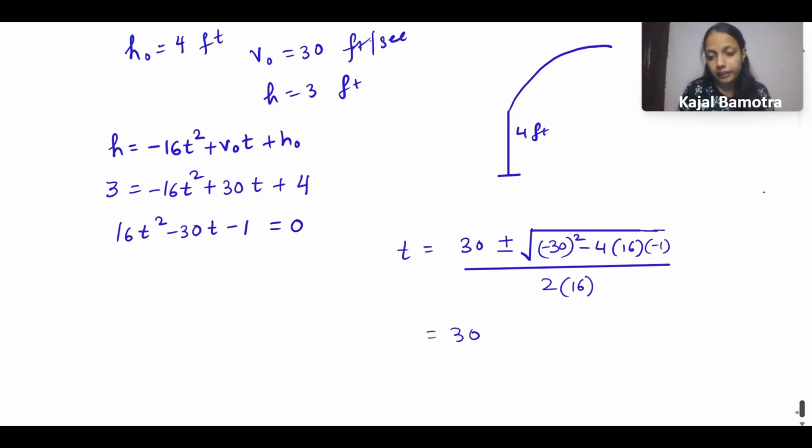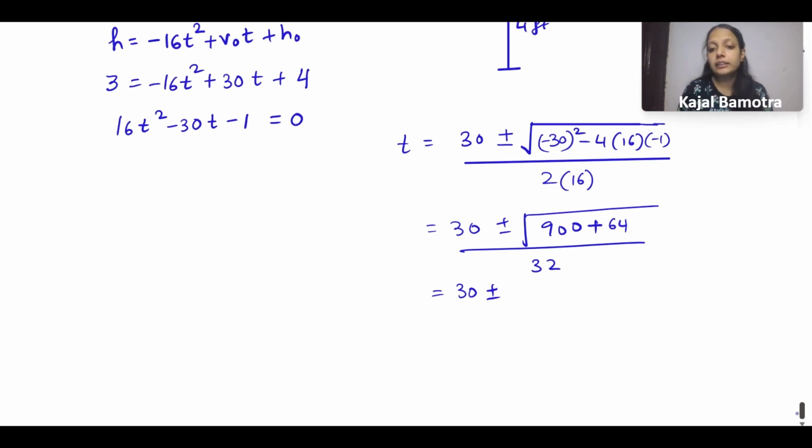Let's calculate. 30 plus or minus, this is 900, 16 fours are 64, negative times negative is positive. Over 32. So 30 plus or minus the square root of 964 over 32.